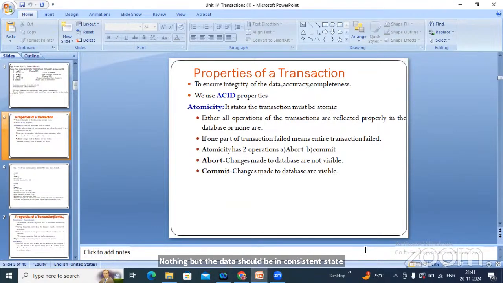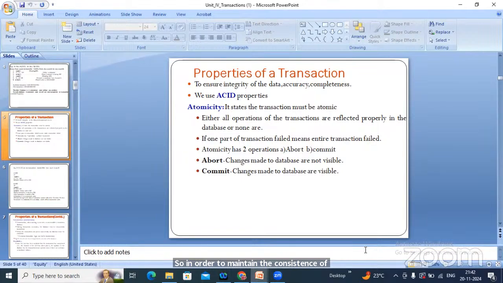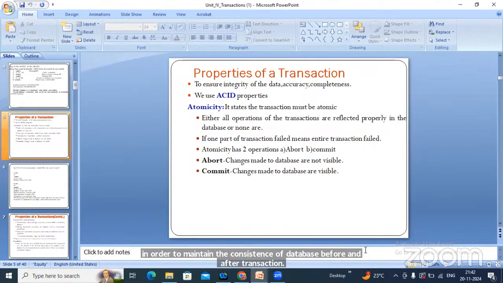If any system failure occurs while doing a transaction, we use the ACID properties. If it satisfies the ACID properties, the data will be in a consistent state. A successful transaction changes a database from one consistent state to another consistent state. So in order to maintain the consistency of the database, the data should be the same before and after the transaction.